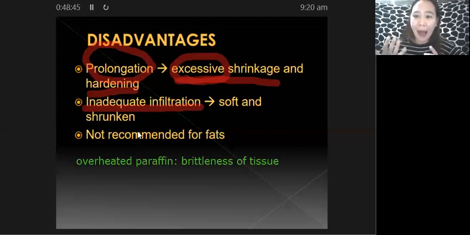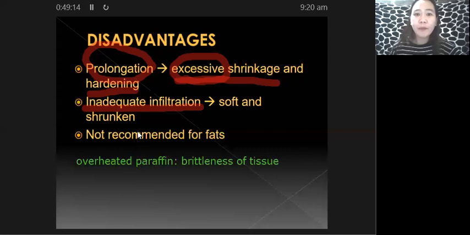And what will happen if you are not able to completely remove the clearing agent? This will dissolve the paraffin wax which is supposed to solidify. So that means your paraffin wax is not able to solidify to its maximum capacity, because the clearing agent is there.